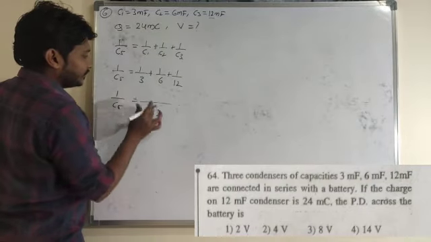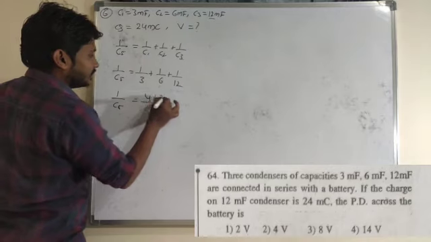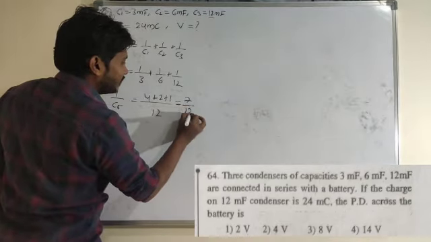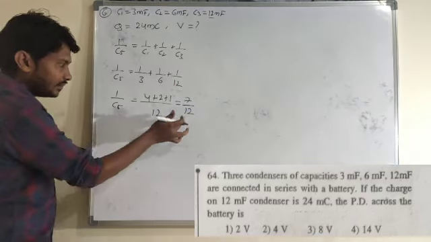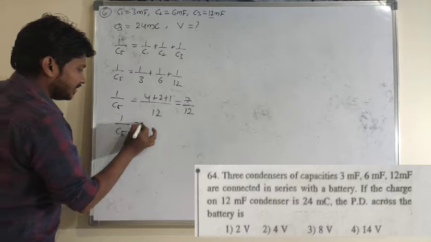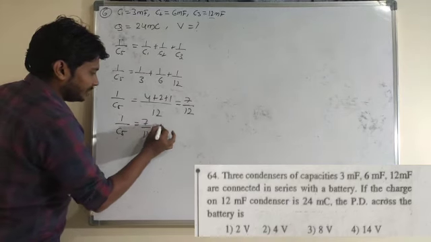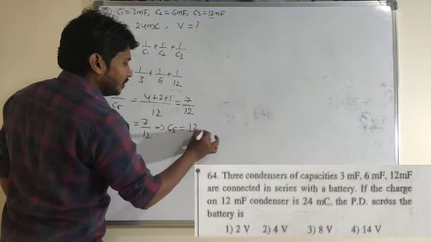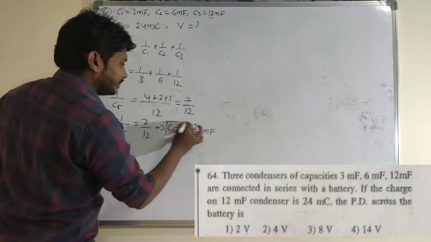LCM is 12, so 4 plus 2 plus 1, that is 7 by 12. 1 by Cs is equal to 7 by 12. So Cs is equal to what? That is 12 by 7 millifarad.